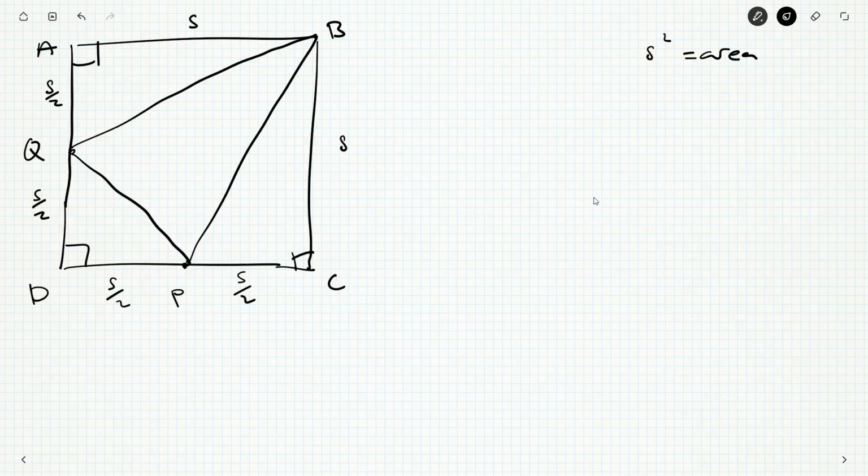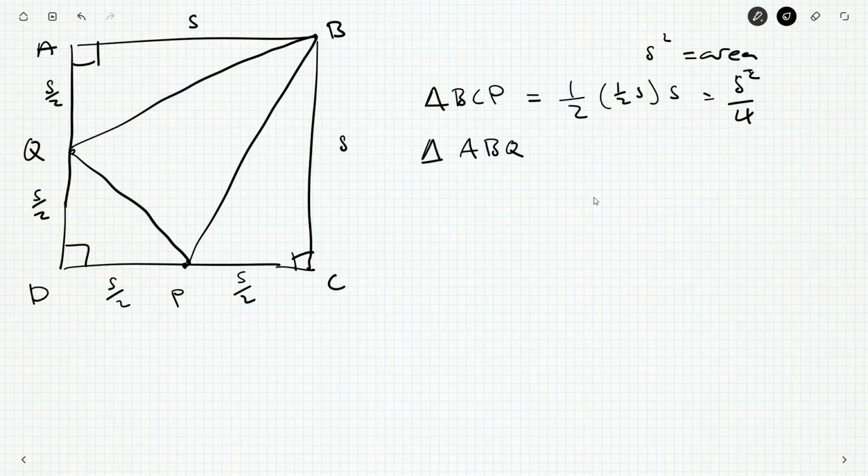So I suppose we could say triangle BCP has area of 1/2 base, which is 1/2 S, times height, which is S, and this is going to be S squared over 4. With the exact same reasoning, triangle ABQ has a base of S over 2 and a height of S, as long as we rotate it in our mind. It's also going to have an area of S squared over 4.